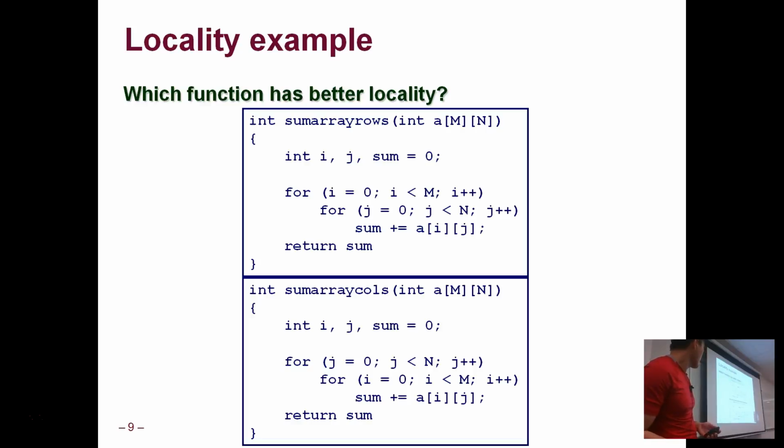All right. Okay, so given what you know about arrays, which of the two functions has better locality, the top or the bottom? And explain why, if you give an answer. I couldn't tell you why, but my interest is in the top one.